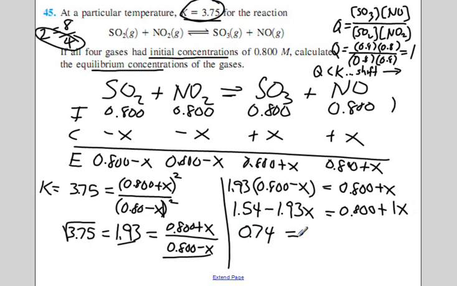And 1x plus 1.93 x's gives me 2.93 x's. And now I just divide by 2.93 on both sides. X equals 0.74 divided by 2.93 equals 0.25 molarity.